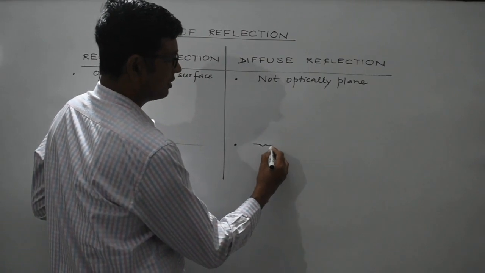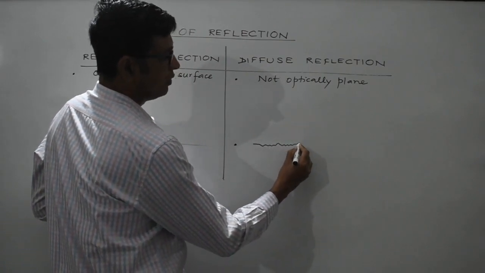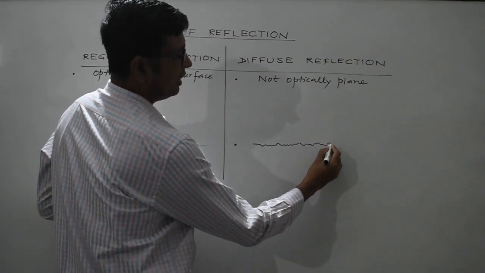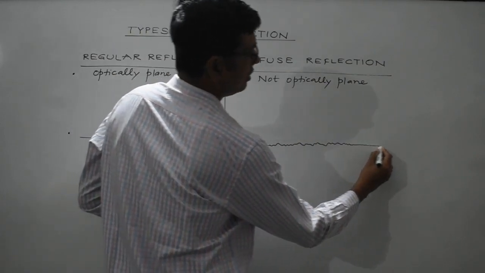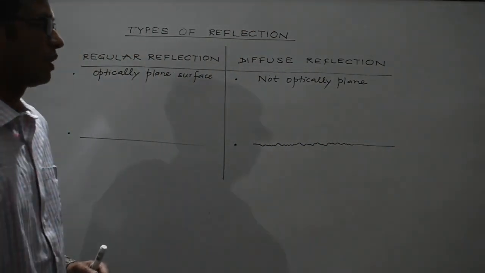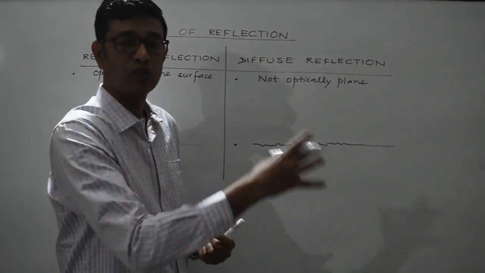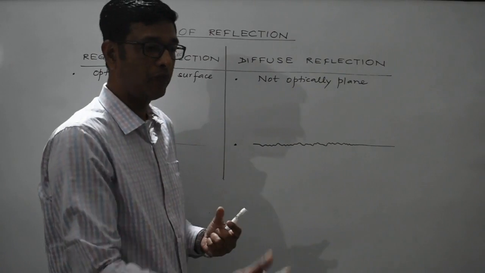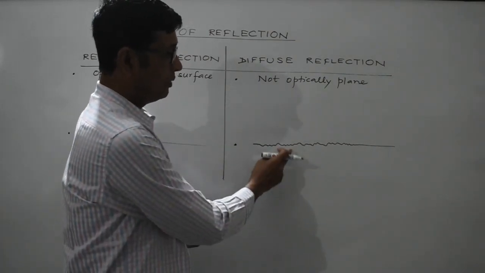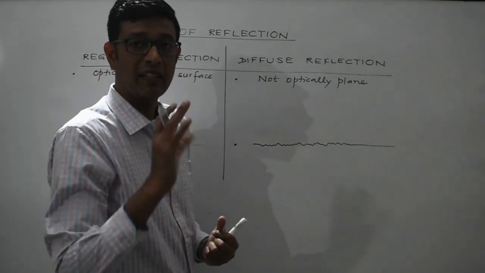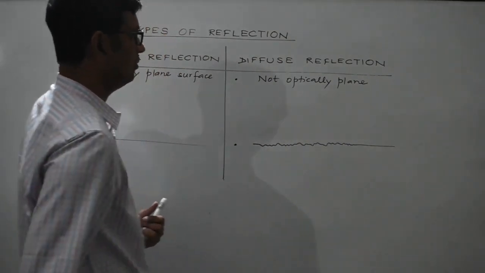So it is somewhat like this, having small depressions and elevations. So, an irregular surface, right? To the naked eye, it can be imagined as if it is also smooth, but in a microscopic view, it will appear to have certain irregularities as shown in the diagram.